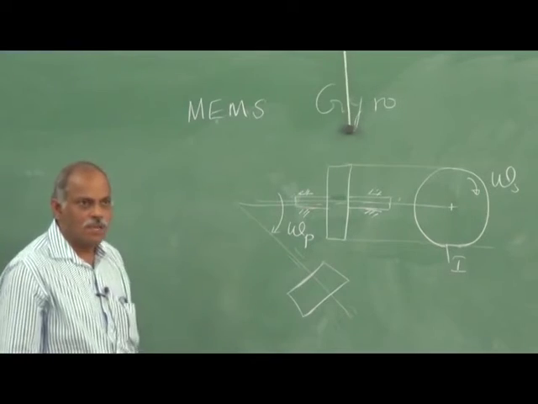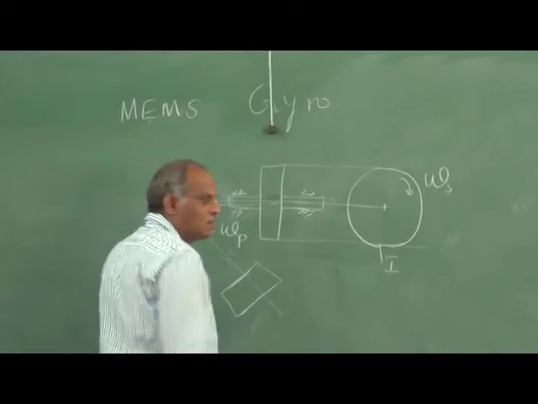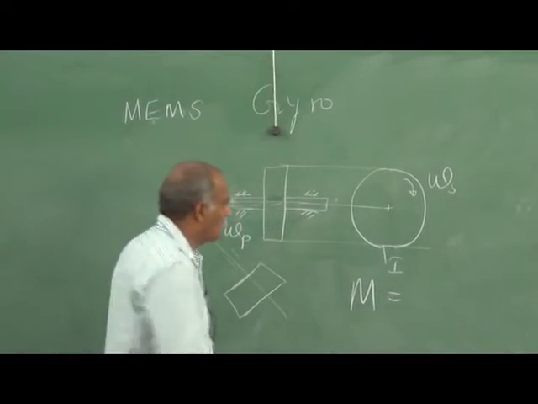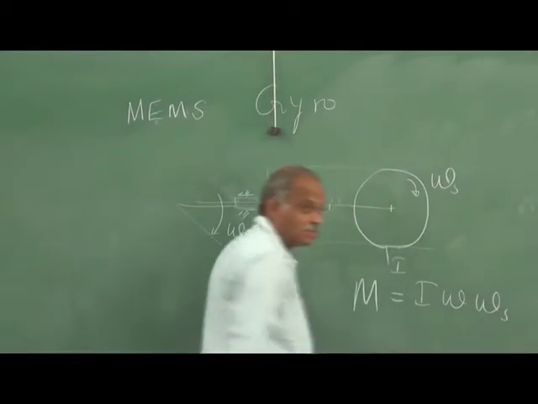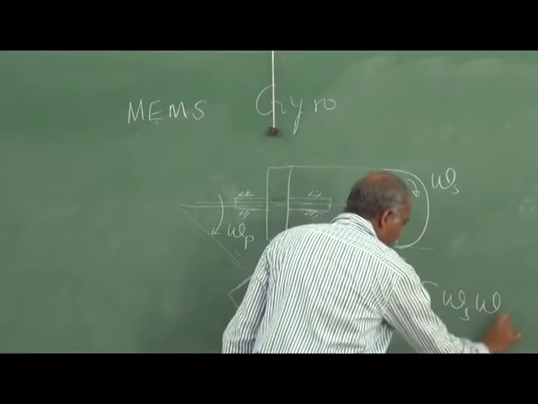Then a couple is needed to do that. That couple is called a gyroscopic couple, and it is given by I omega s omega p.